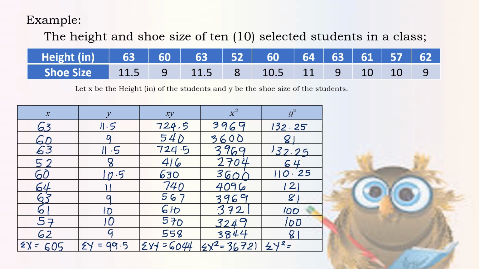I'm checking it again: 132.25 plus 81 plus 81 plus 64 plus 110.25, 121, 81, 100, 100, 81. It should be 1,002.25.